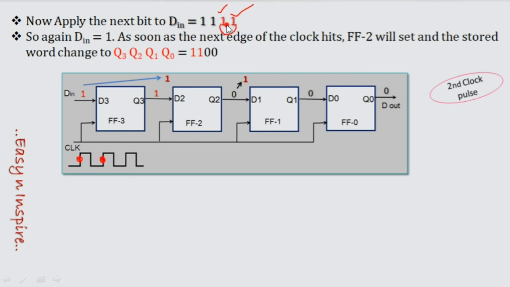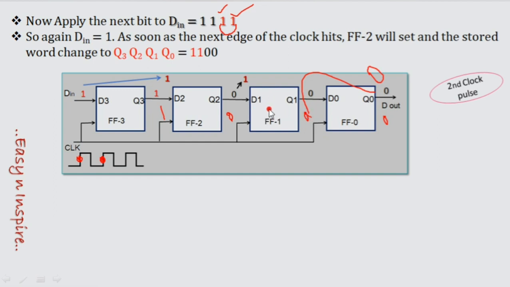See, the red color one. Previously 1, 0, 0, 0 is our output. Now for this flip-flop, input is 0 and clock pulse is applied, so it is going to produce output 0.